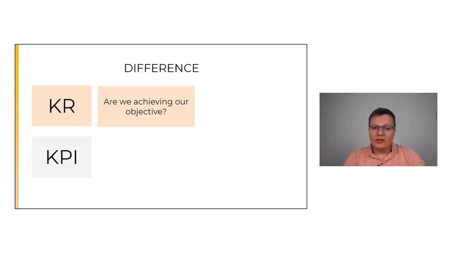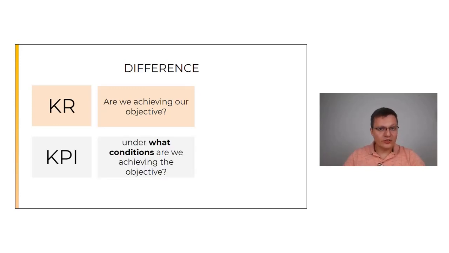While KRs respond to this question, a KPI also needs to respond to an important question: under what conditions are we achieving the objective? So these two need to work together. They need to answer these two questions, but we will see that the purpose of each one is different.